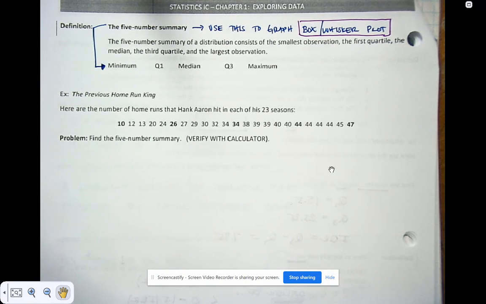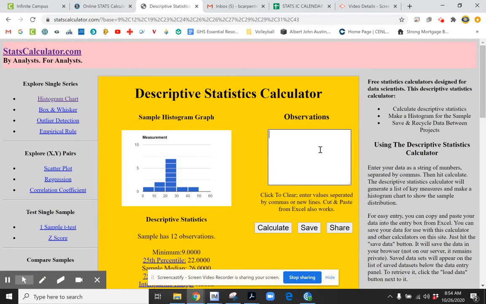So let's go back to our website, and I'm going to type these in: 10, 12, 13, 20, 24, 26, 27, 29, 30, 32, 34, 34, 38, 39, 39, 40, 40, 1, 2, 3, 4 44s, 45, and 47.